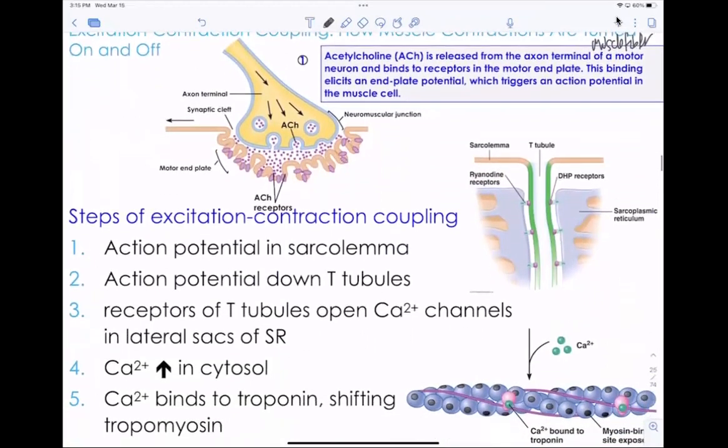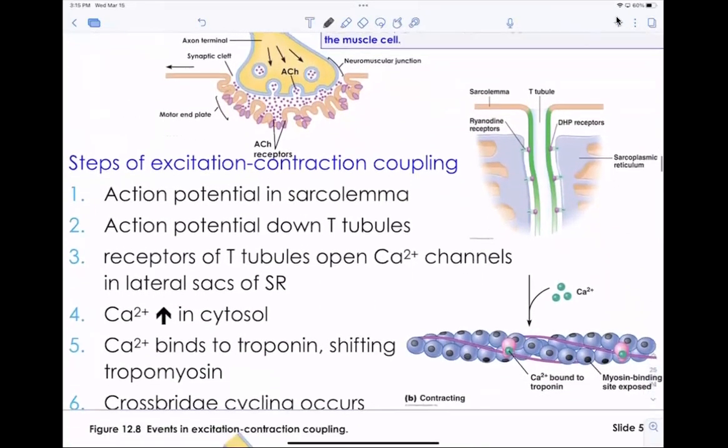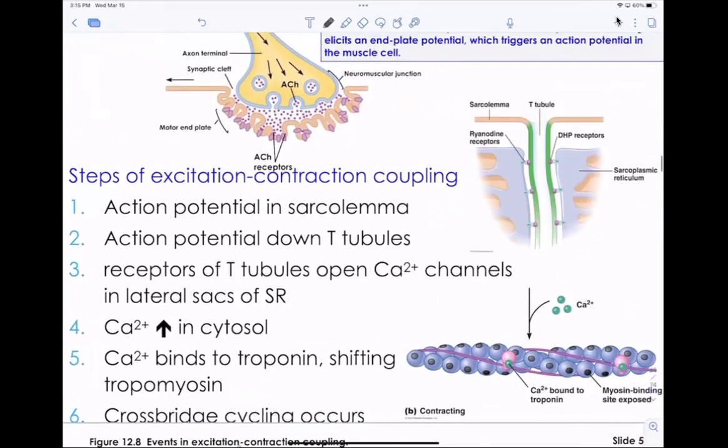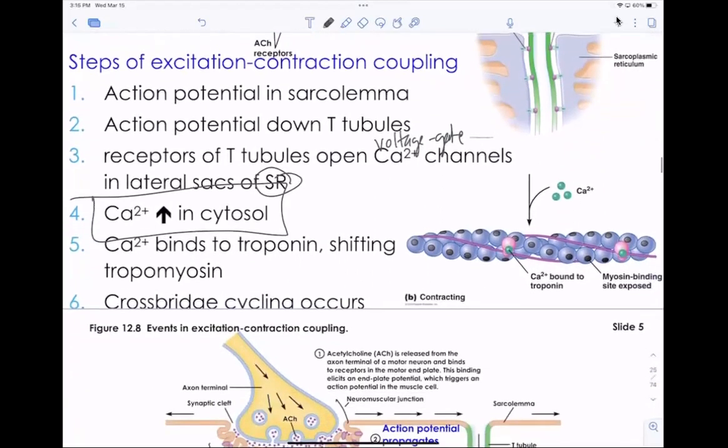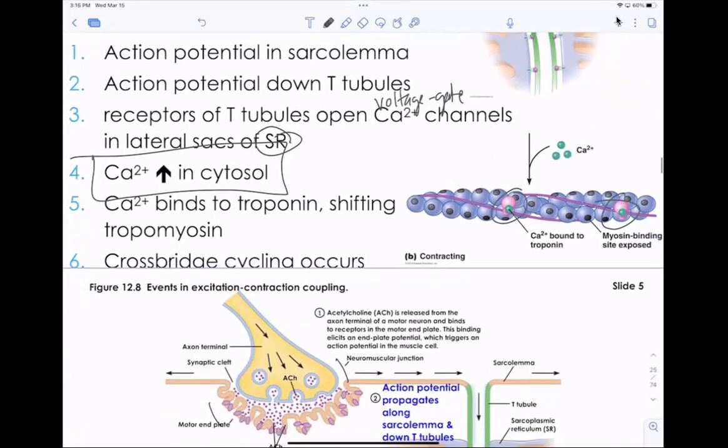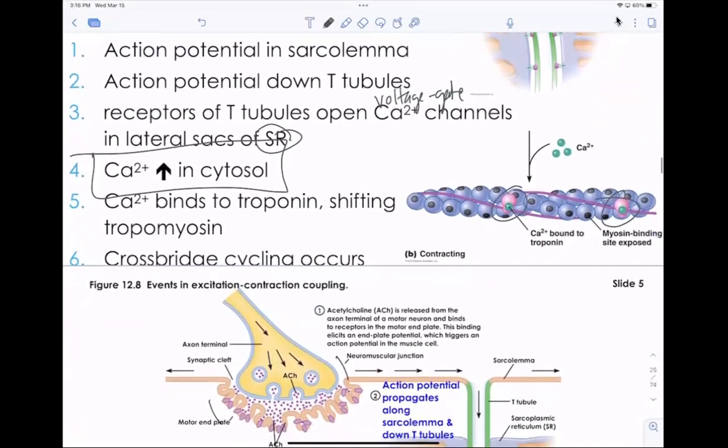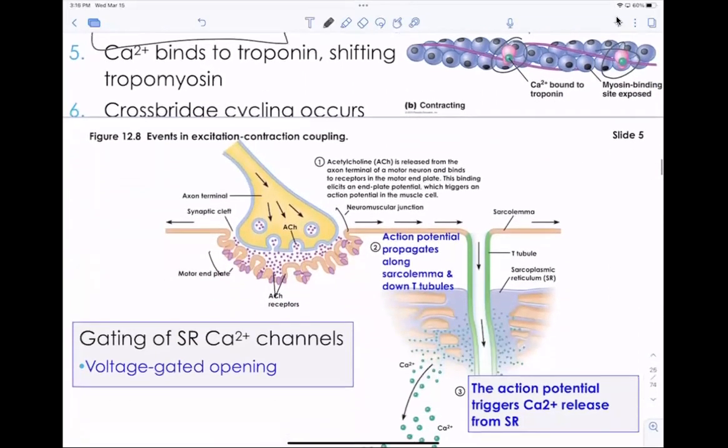So again, going through this, the steps of excitation-contraction coupling. An action potential in the sarcolemma travels down the transverse or T-tubules, opens up voltage-gated calcium channels in the sarcoplasmic reticulum and increases the amount of calcium in the cytosol. That's going to increase the likelihood that more troponin is bound with calcium, which is going to increase the active sites available for cross-bridging.